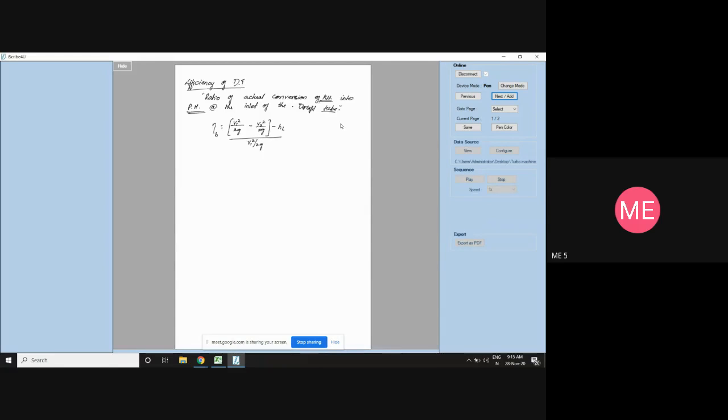There is some bigger derivation, but that derivation you won't be asked. Just you should know the efficiency formula, so directly I have written the formula at the end. Initially we have to take the kinetic head, pressure head, everything, and then finally we reach this stage. But nobody will ask you to derive that.